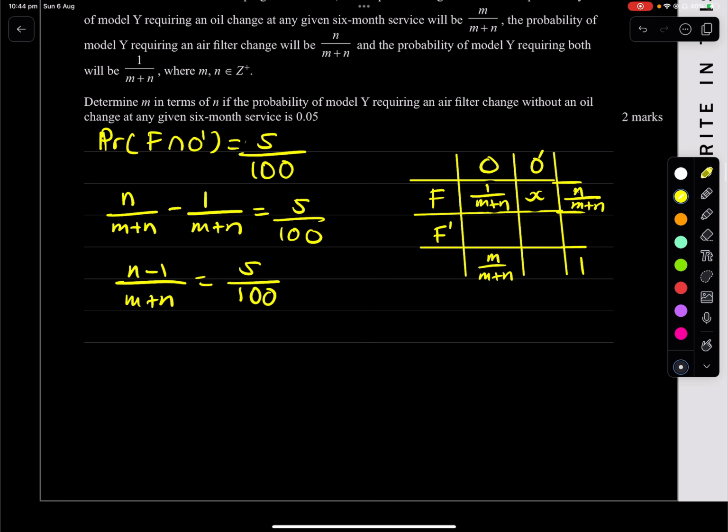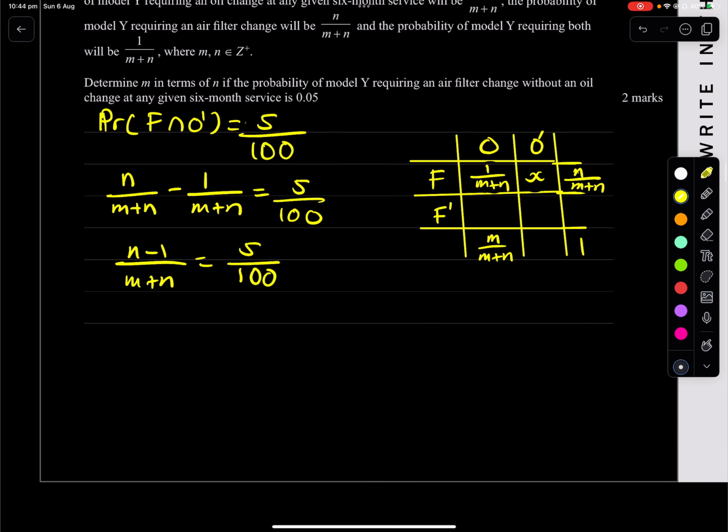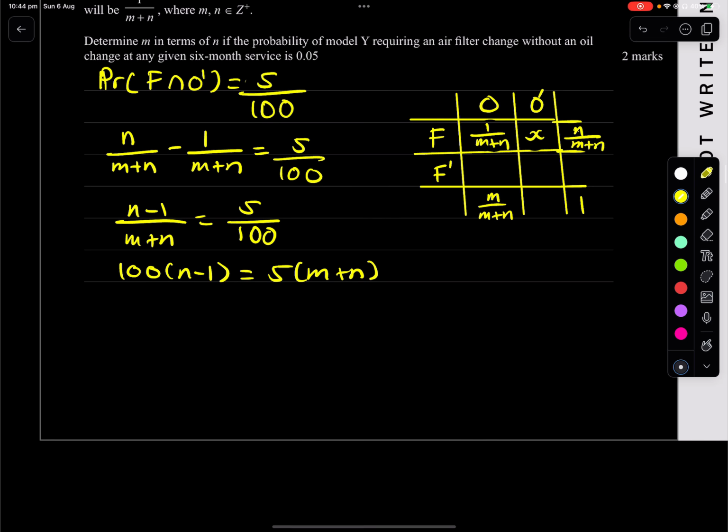And we can say that if we multiply this side by 100, and multiply this by m plus n, we get 100n minus 100 equals 5m plus 5n.